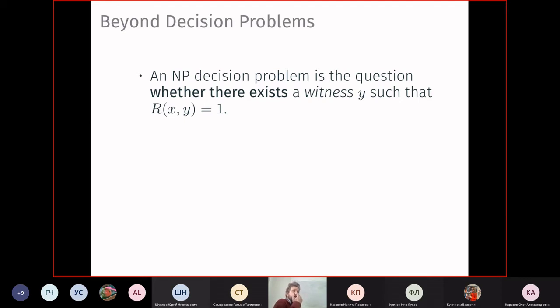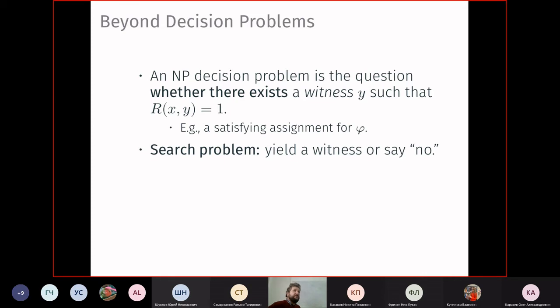We recall what the witness is, for example, a satisfying assignment. This witness should be of polynomial size with respect to x, and R should be polynomial time computable. So in all our examples of NP problems, we guessed something and then performed a polynomial check. This was how it worked.